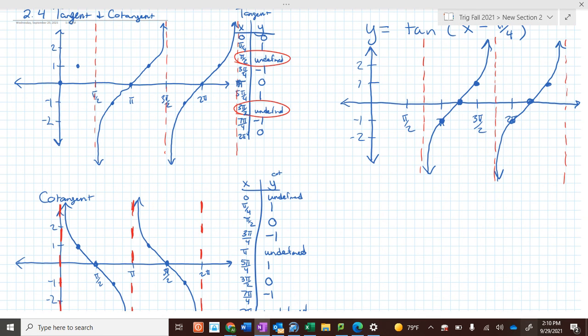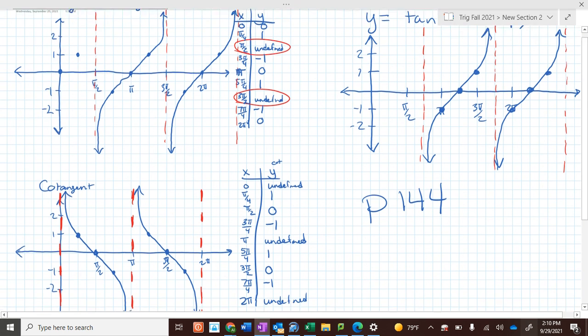So, what I'm going to do is I'm going to assign 4 problems, and that's it. We're not going to have a second lesson today or anything like that. 4 problems, and that's it. Page 144. Okay?